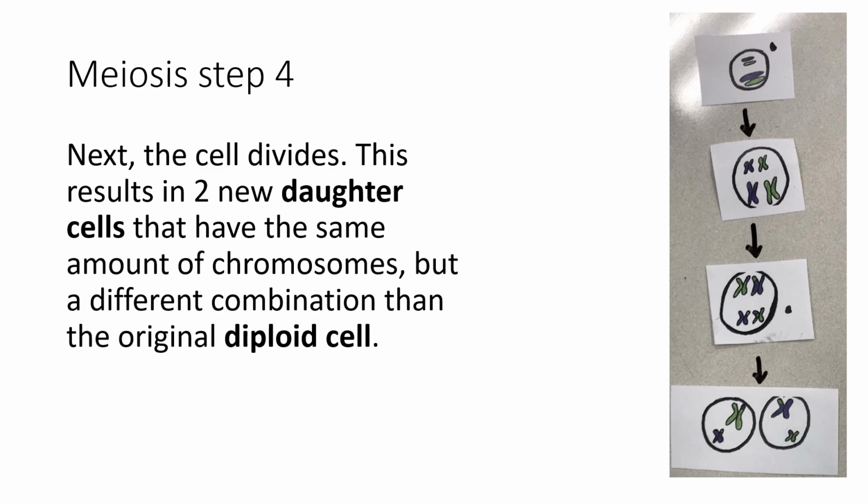So next, the cell divides. This results in 2 daughter cells that have the same amount of chromosomes but a different combination than the original diploid cell. If we look at this very first cell, we had one small one from dad, one small one from mom, one large one from dad, one large one from mom. We have the same exact numbers here, 4 chromosomes total in each of these cells, but they have a different combination.